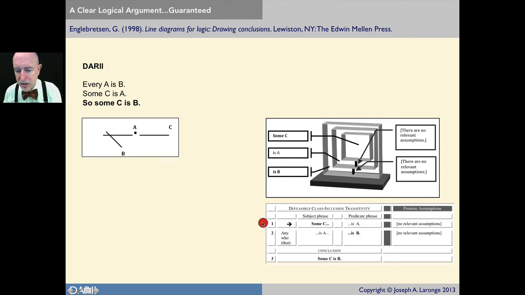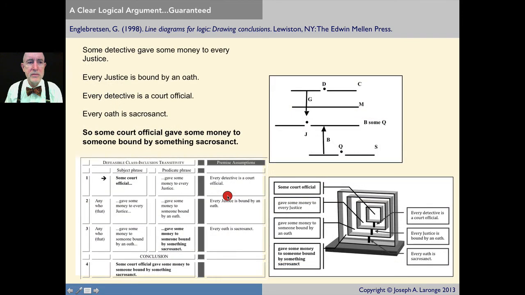The start of your first premise and the predicate phrase of your last premise is your conclusion, no matter how many intervening premises you have. And here's another argument, the premises and the conclusion. This is Professor's argument map that represents that.